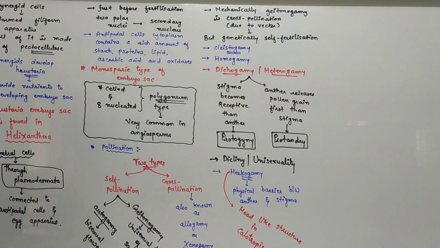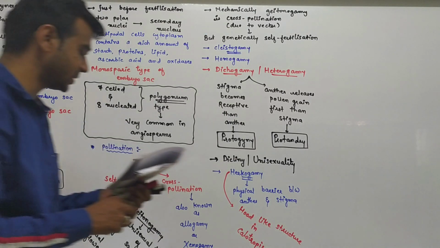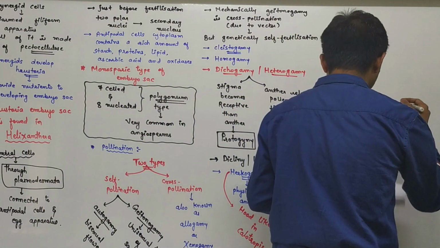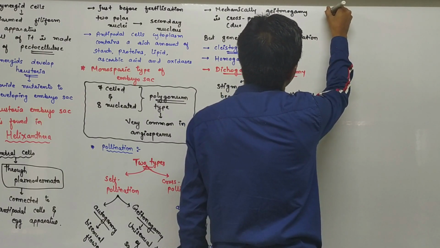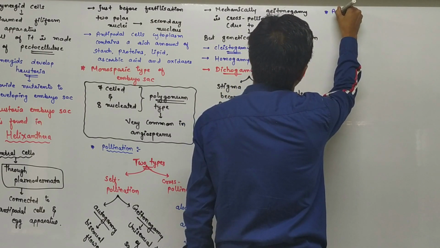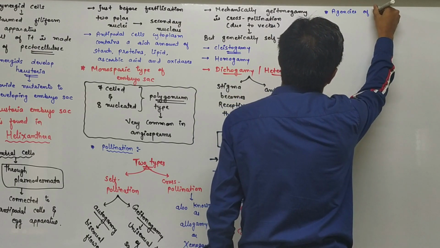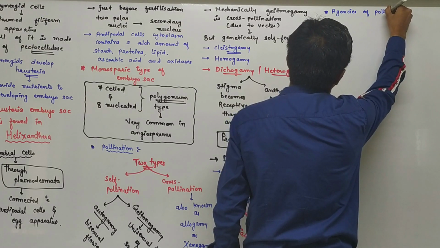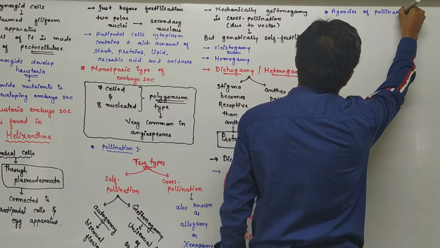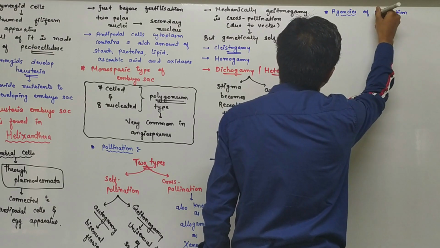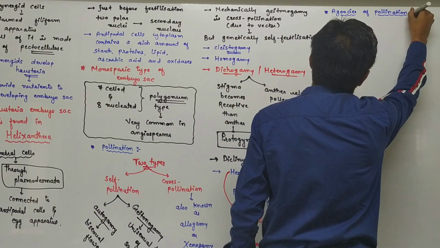So this is about the information of pollination, two types, self and cross pollination. Now the next topic, agents of pollination. Already said the types of pollination.